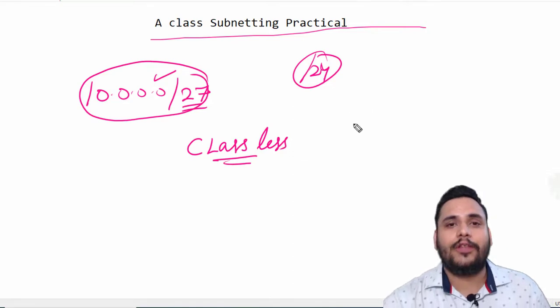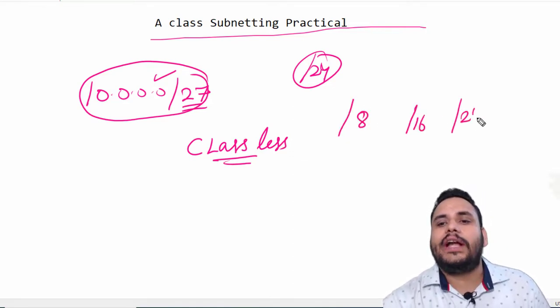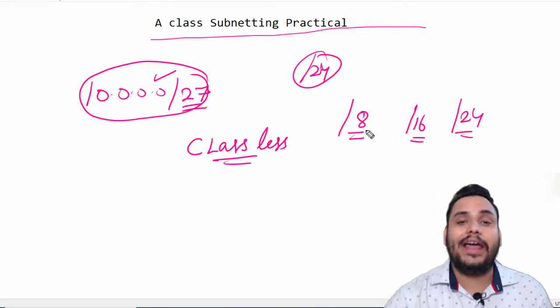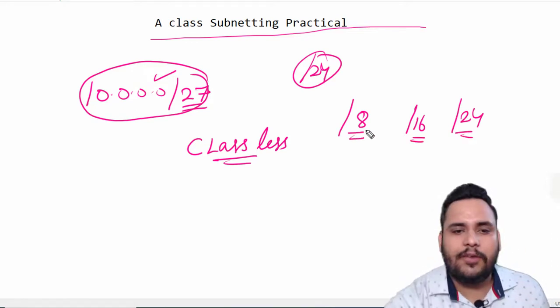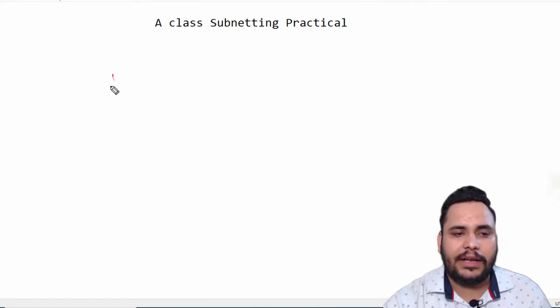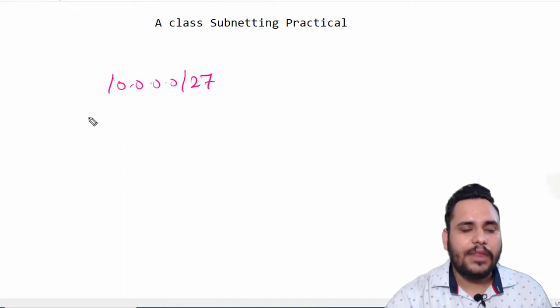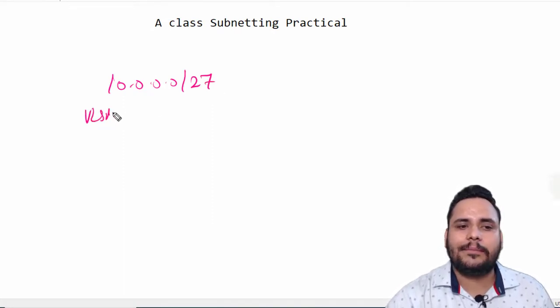Now you have to follow the principle that 8-bit, 16-bit and 24 bits are known as fixed bits. So if you have seen any practical like 10.0.0.0/27, you have to find the VLSM.